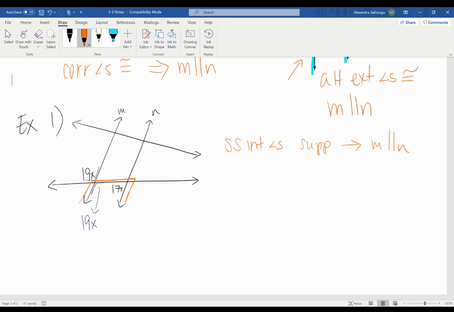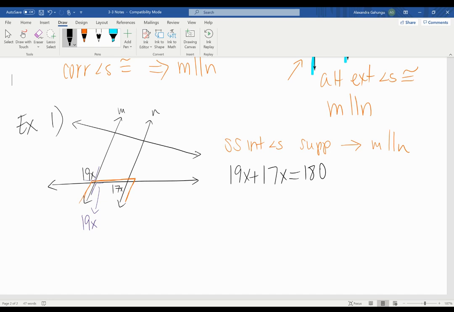So I need 19x and 17x to add up to 180 in order for my lines to be parallel.